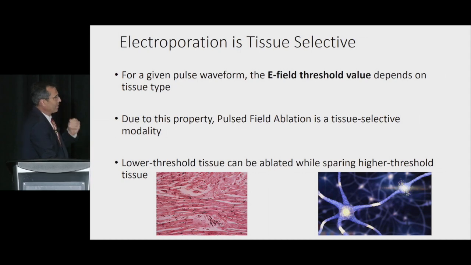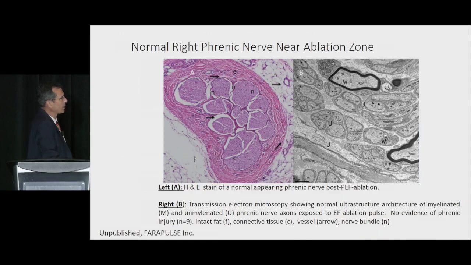The very interesting thing with electroporation is that not all the cells have the same sensitivity to the electric field. Because of that, there is some tissue selectivity. For example, the myocytes are way easier to kill than the nerves. And it's, of course, much to our advantage when it comes to cardiac ablation.